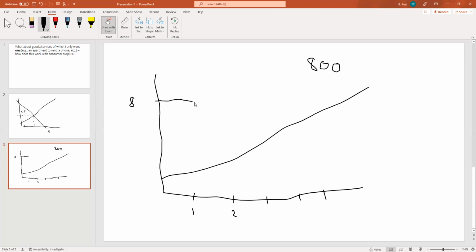But for unit 2, it falls all the way down to 0. For unit 3, also 0, 4, etc. Your willingness to pay falls to 0 after quantity of 1. Now, this isn't the normal downward sloping, nice, easy line that we're used to, but this is actually still a demand curve.